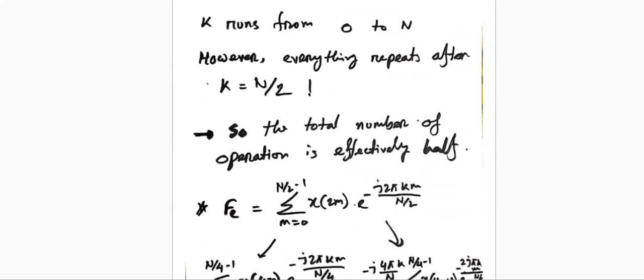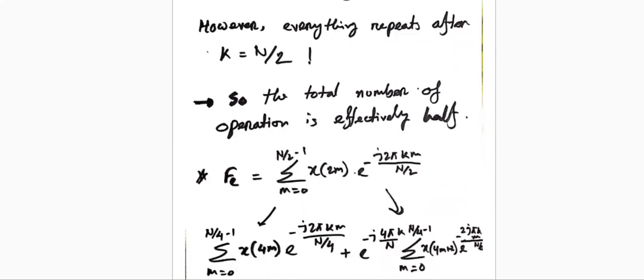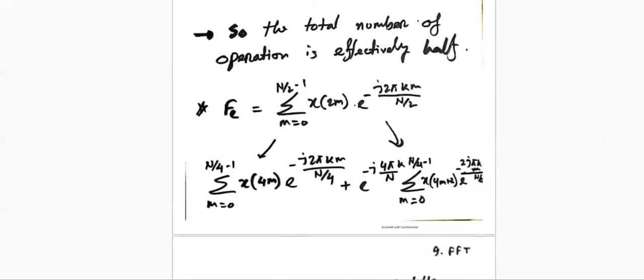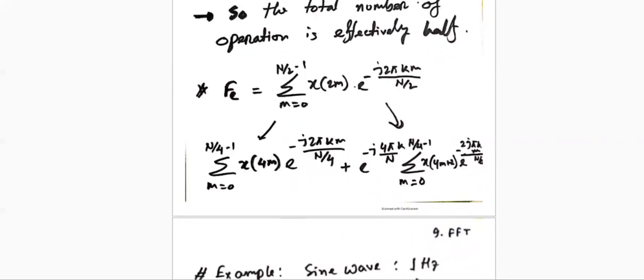So the total number of operations is effectively half, and of course this identification makes things faster.